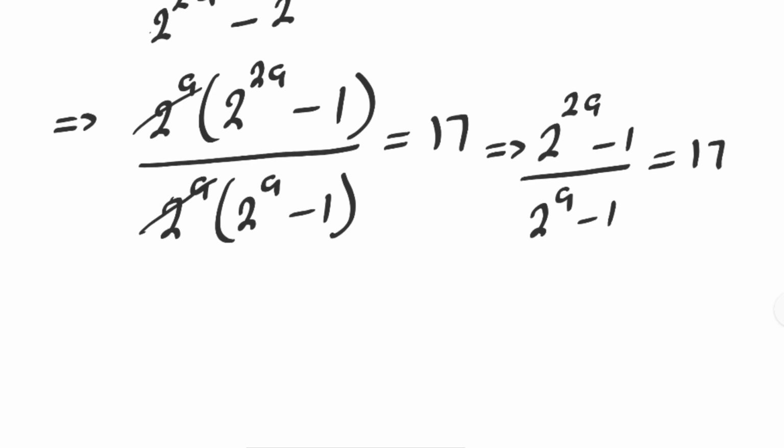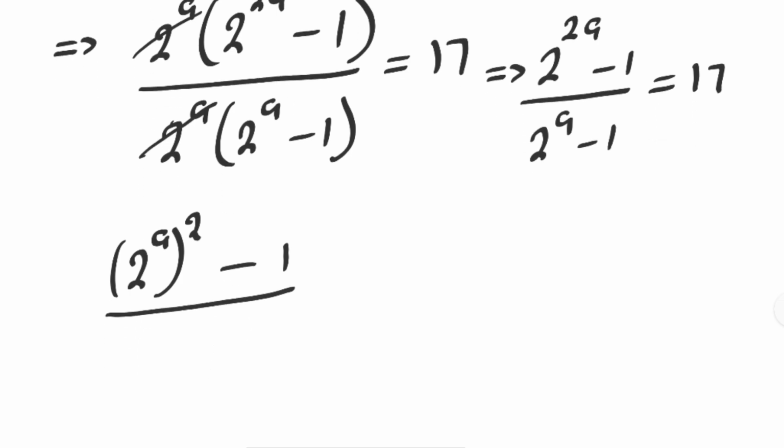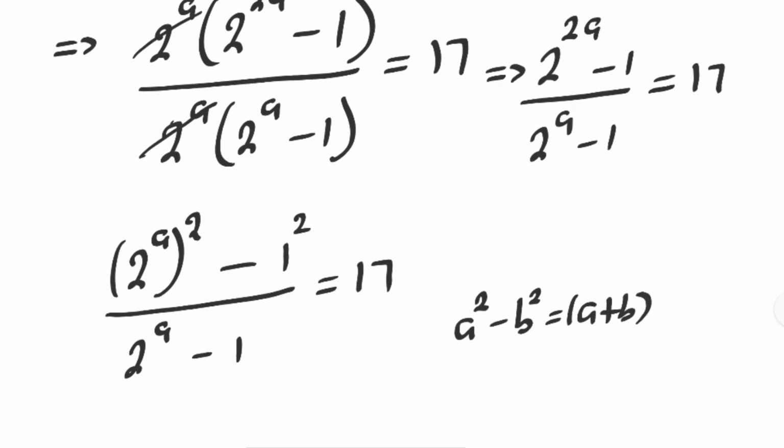Now, this 2^(2a) can be written as (2^a)^2, minus 1, divided by 2^a − 1, is equal to 17. Here, this is in the form of a perfect square because we have (2^a)^2 and this is also 1^2. Then, if you have a² − b², this is equal to (a + b)(a − b).